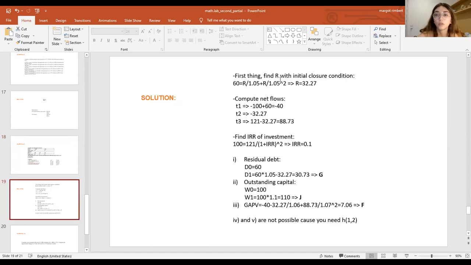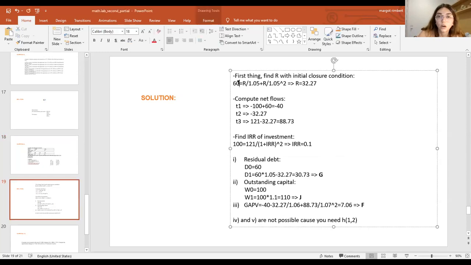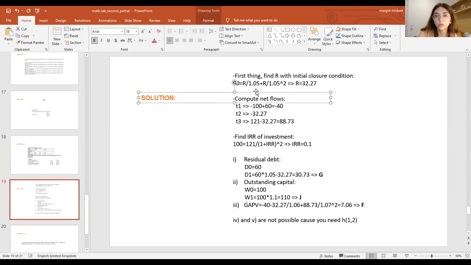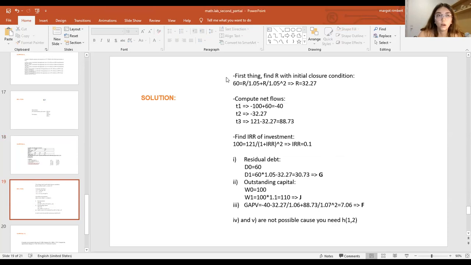This we've already done in one of the exercises. Use the initial closure condition. So you want the 60 euros of your loan to be equal to the first installment that you discount, and the second installment that you discount twice, using the rates that they gave you.